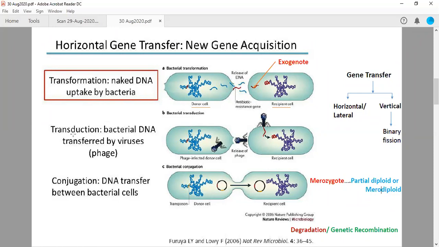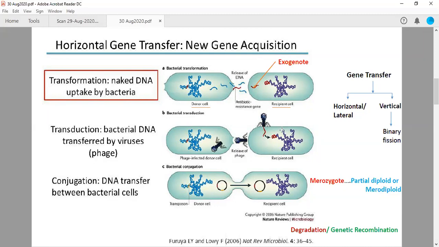Similarly, the second process by which horizontal gene transfer can happen is called transduction. Here bacterial DNA is transferred with the help of bacteriophages. These bacteriophages are specific viruses which help in the transfer of some segment of DNA from one cell to some other bacterial cell.